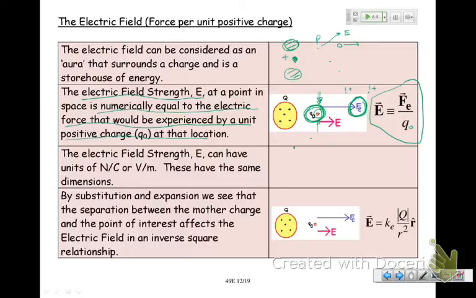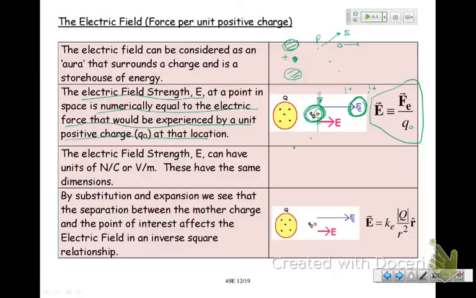Or I say, oh look, this charge feels a force of 20 newtons, and the charge is 5 coulombs, so that would be 20 over 5, which is 4 newtons per coulomb. But I put an original charge in there. I put a charge where I'm interested in there to kind of get the answer. But I don't have to do that.